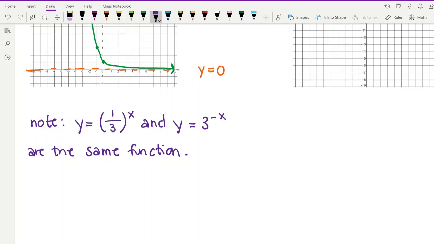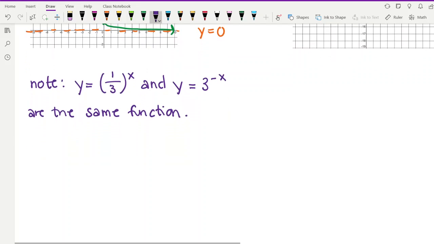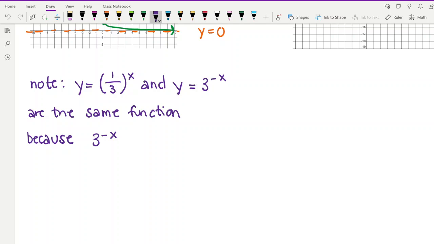So remember how negative exponents work, right? We talked in the last video about some exponent properties. And we talked about how if you take a number and raise it to a negative exponent, that's the same thing as taking the reciprocal of the base, so rewriting it as 1/3 and raising it to the positive power.